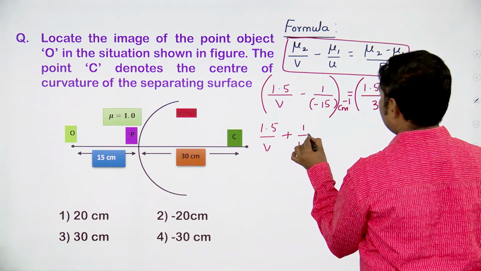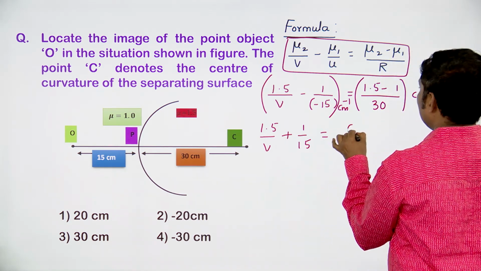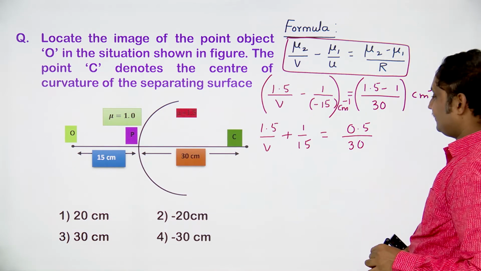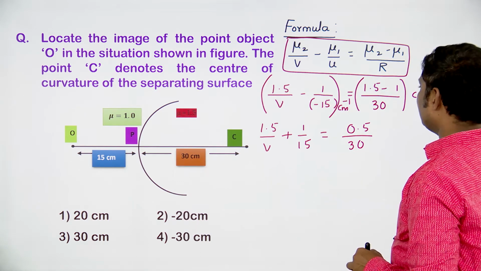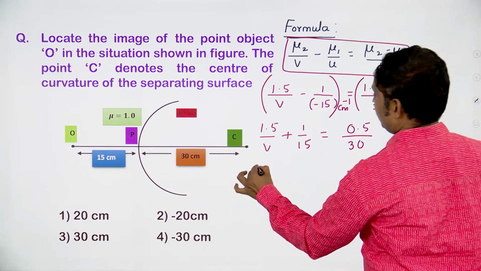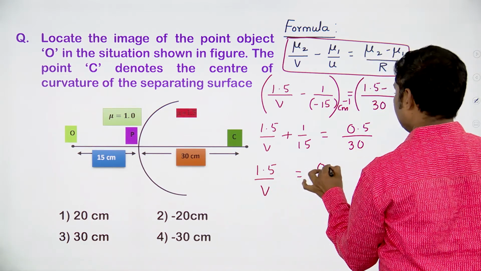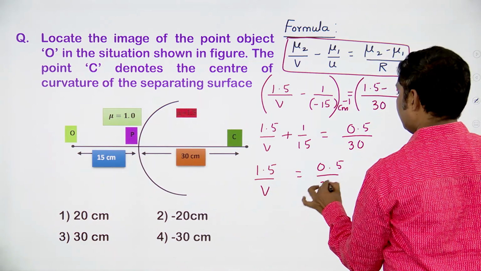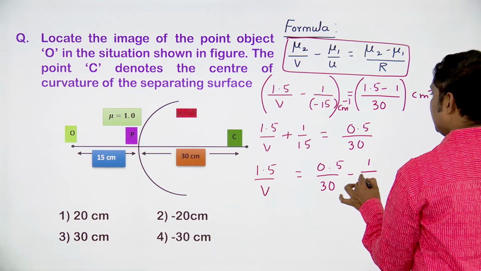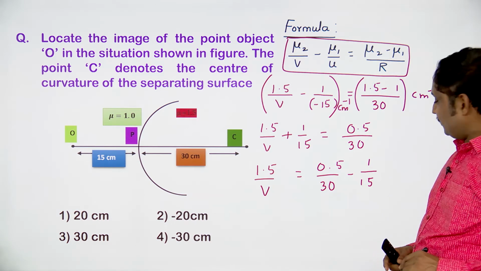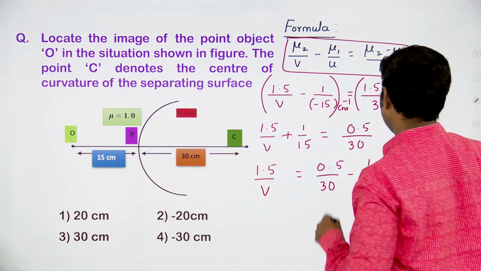You should have 1 by 15 is equal to 0.5 by 30. Yes, you can go for that: 1.5 by V is equal to 0.5 by 30 minus 1 by 15. It's very clear. You can go for the LCM and solve the problem easily.